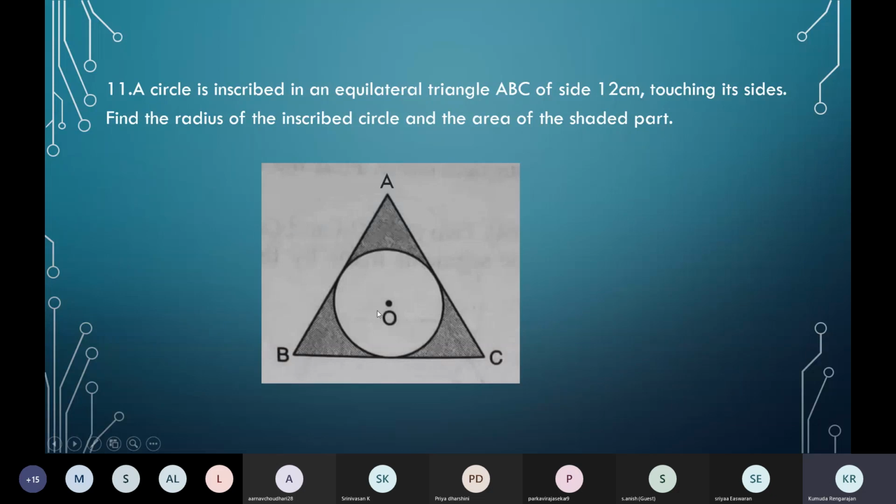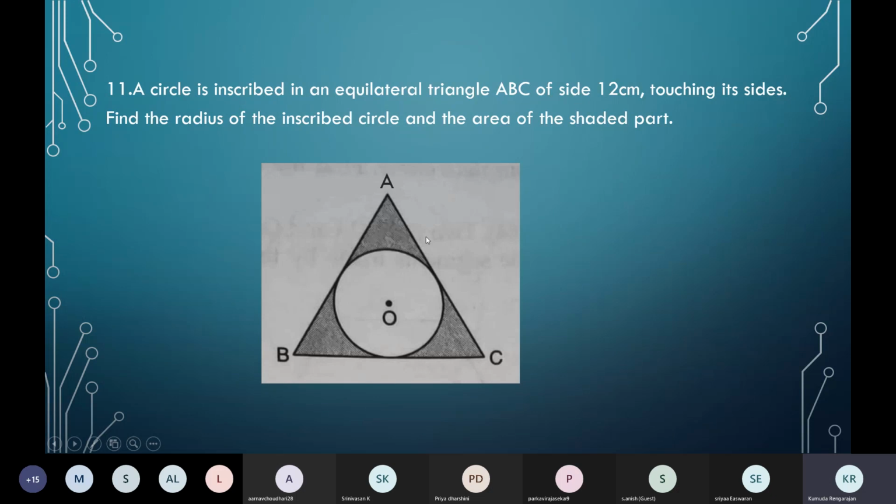You can recall this method we used yesterday. I'm just helping you get started. You can call this point M. You can join OM, and M is the point of contact of the tangent BC.